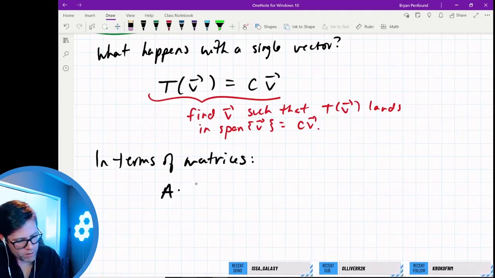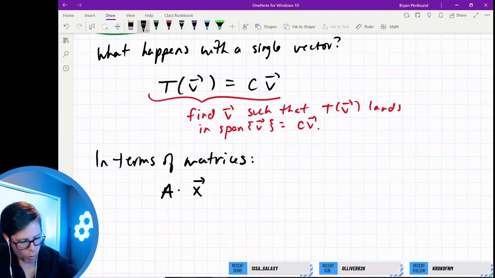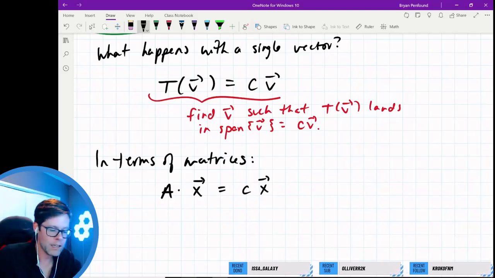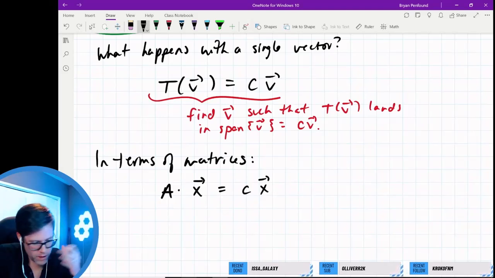Maybe I should write this as V with respect to some basis, but maybe we'll just convert this vector V from vector space V into a coordinate vector. And we're going to be looking for any vectors x that satisfy this particular equation. So these are the things of interest.